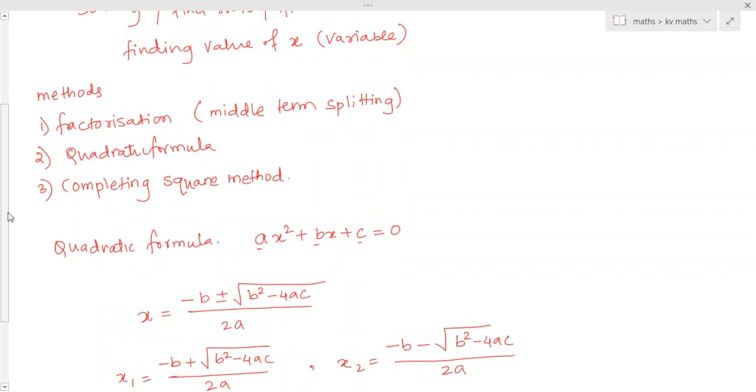Ma'am, will they ask to derive the formula? No, the completing square method has gone, so they won't ask you, because the derivation is by the completing square method. Oh, okay, ma'am. If you want, I can explain it to you.